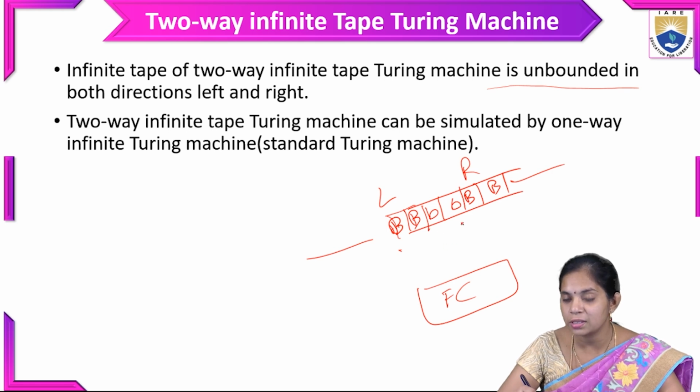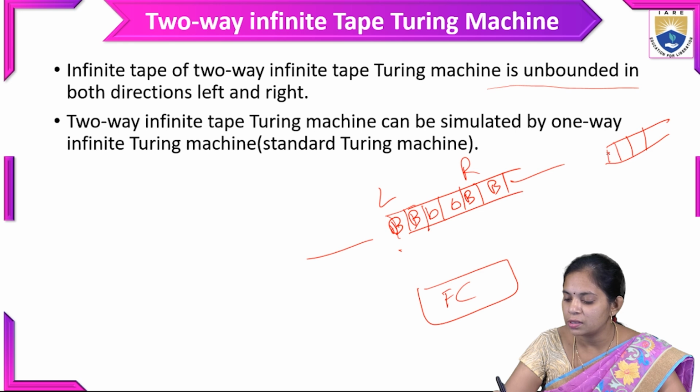We already discussed the standardized Turing machine, which has only the right-hand side. We can represent it like this. The head is moving in one direction, starting from left to right.